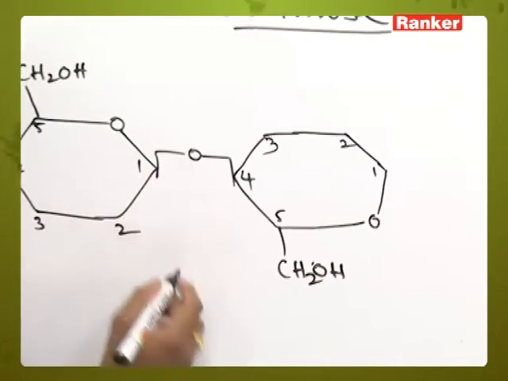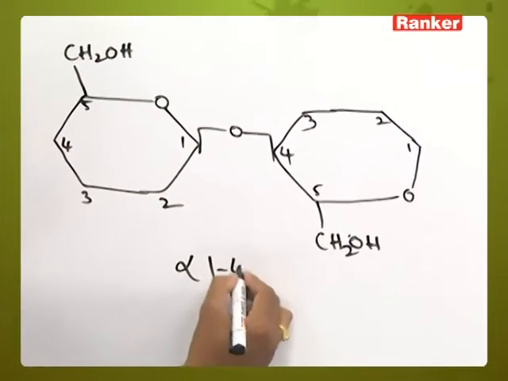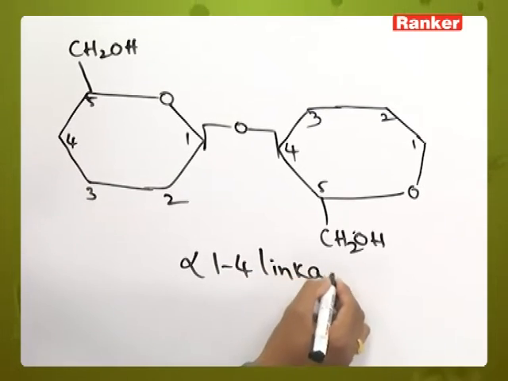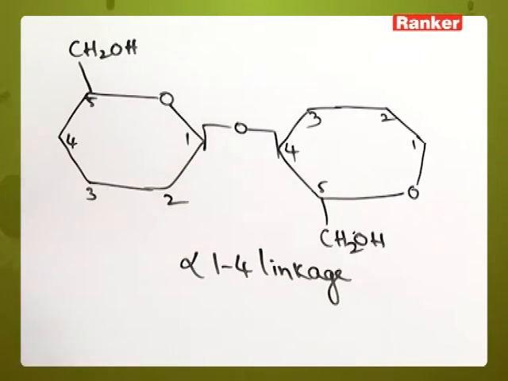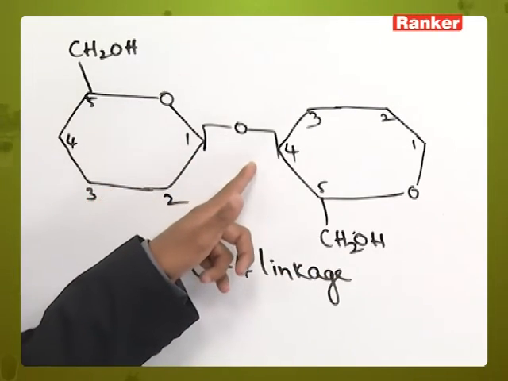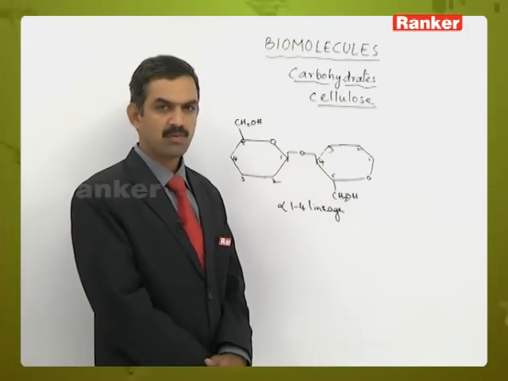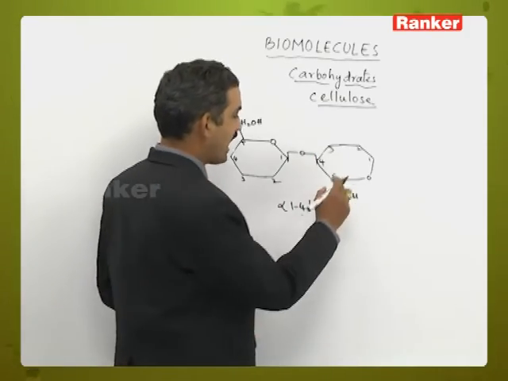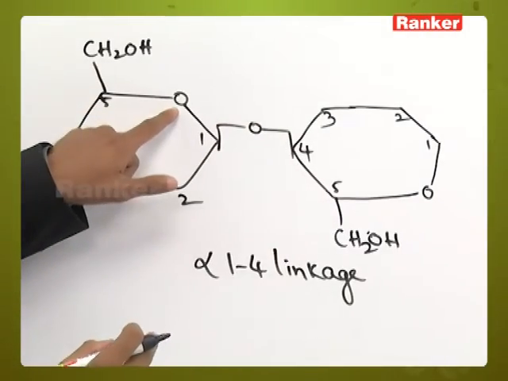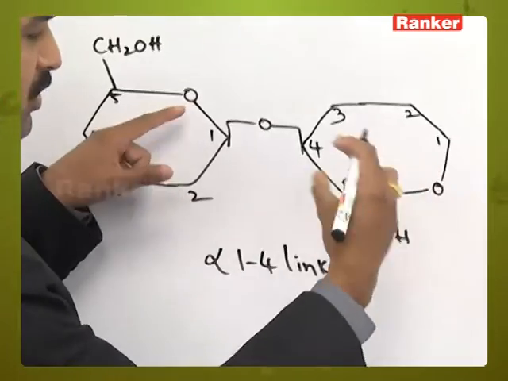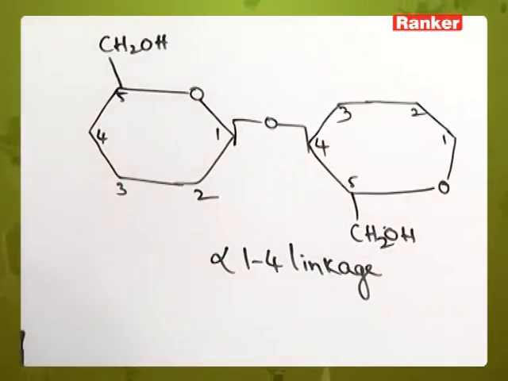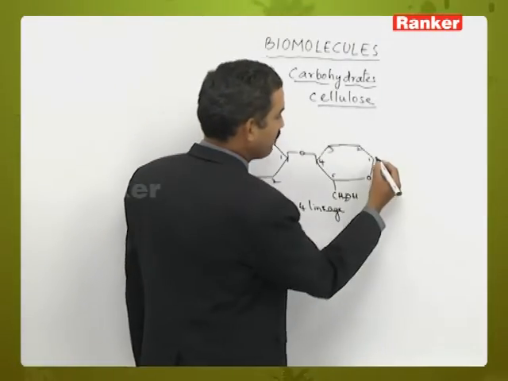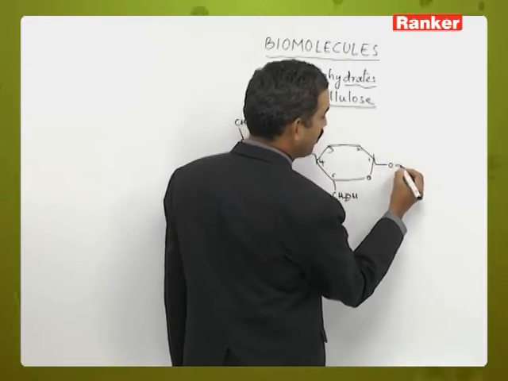Here an alpha 1,4 linkage is present, that is the first carbon of one glucose molecule is forming the glycosidic bond with the fourth carbon of its adjacent glucose molecule, and the O group is here, whereas the O group is there, showing 180 degrees of curvature. Then once again one more glycosidic bond is formed here.